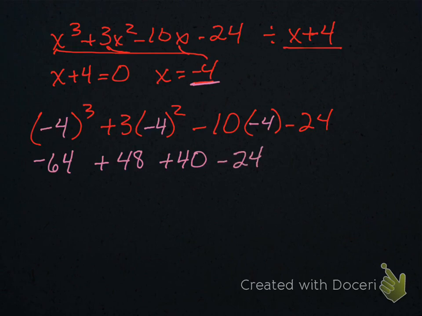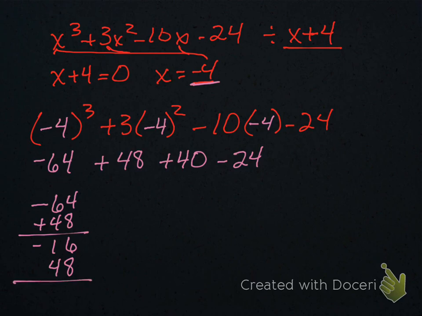Okay. So let's figure this out. I've got negative 64 and 48. So I'm going to work through this because I don't have a calculator with me. So negative 64 plus 48 is negative 16. Plus 48 will be 32.